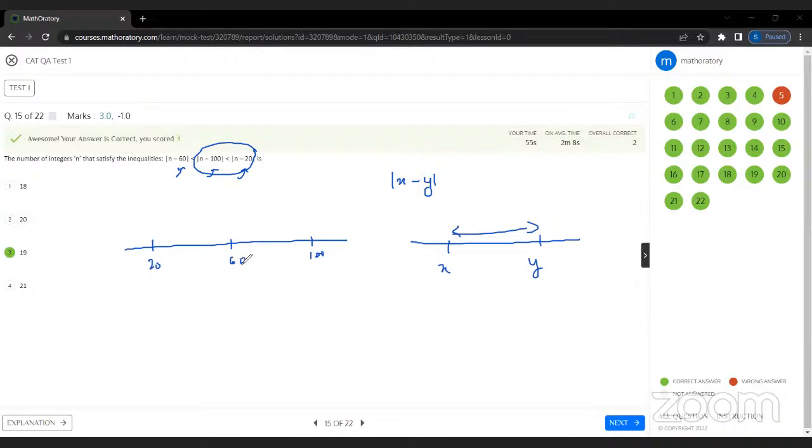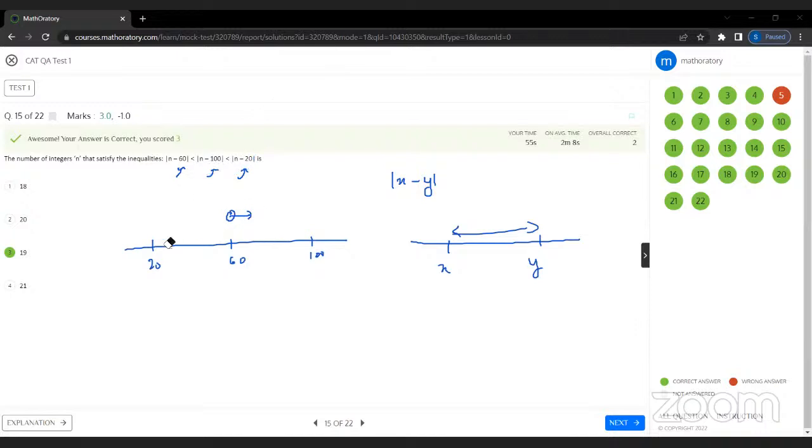If n is on 60, then this distance is 40 and this distance is 40, which doesn't meet the constraint. The distance to 100 should be less, so n should be towards 100, not including 60 but going towards 100. So that condition is done.